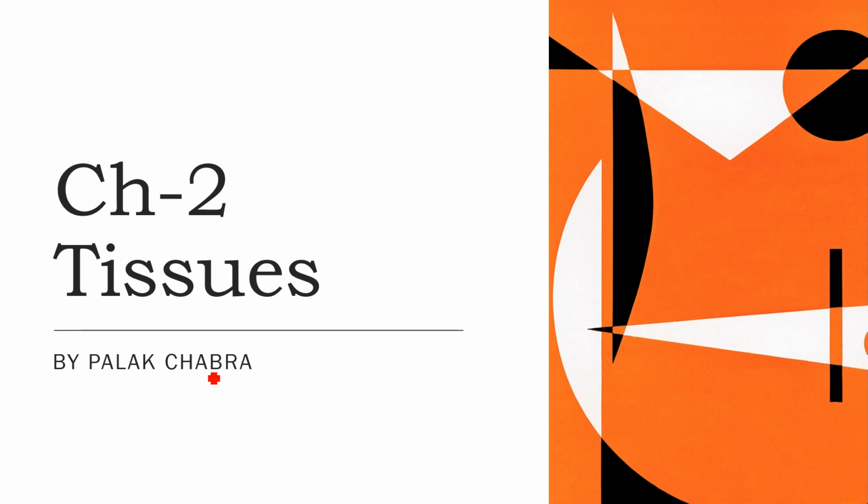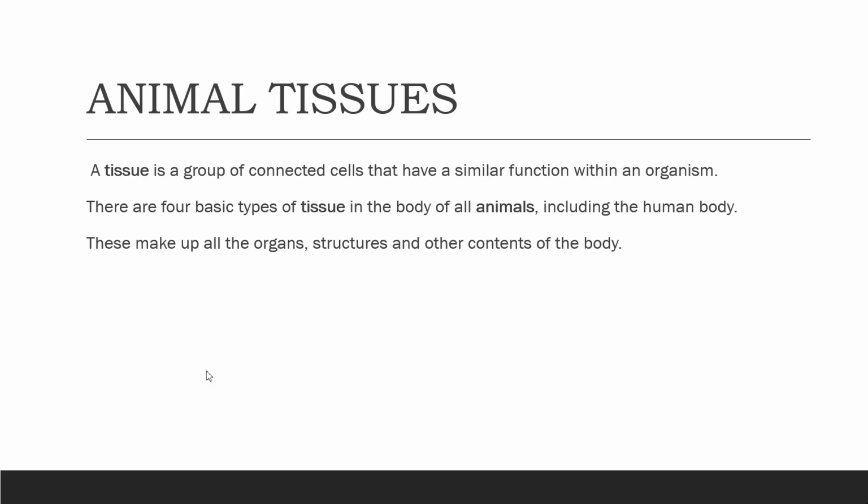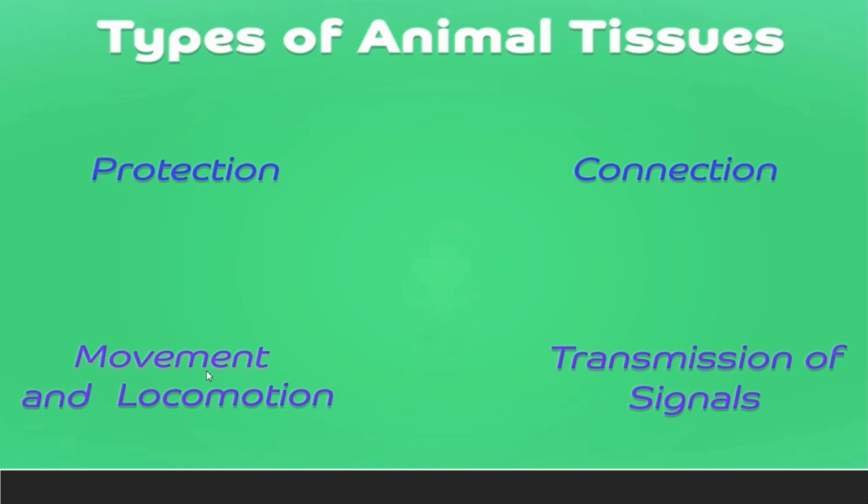For simplicity, we would prefer dividing all the animal tissues into 4 major categories depending upon their function. So, firstly, we have one for protection, then connection, followed by movement and locomotion, and lastly for transmission of signals for quick and efficient work.